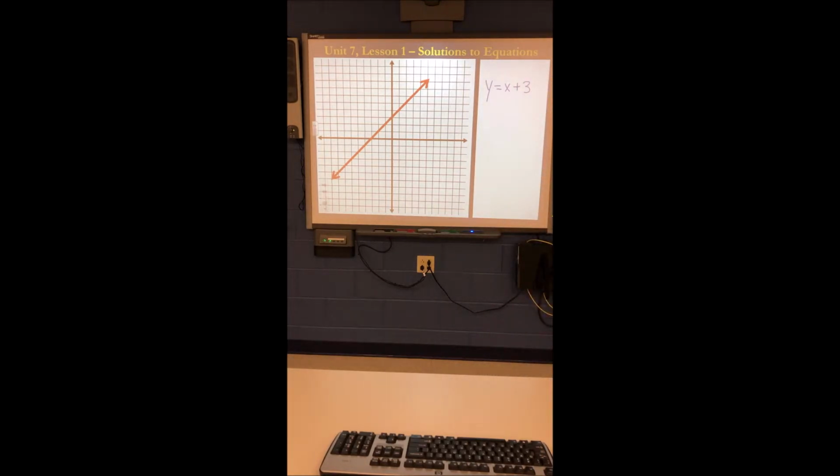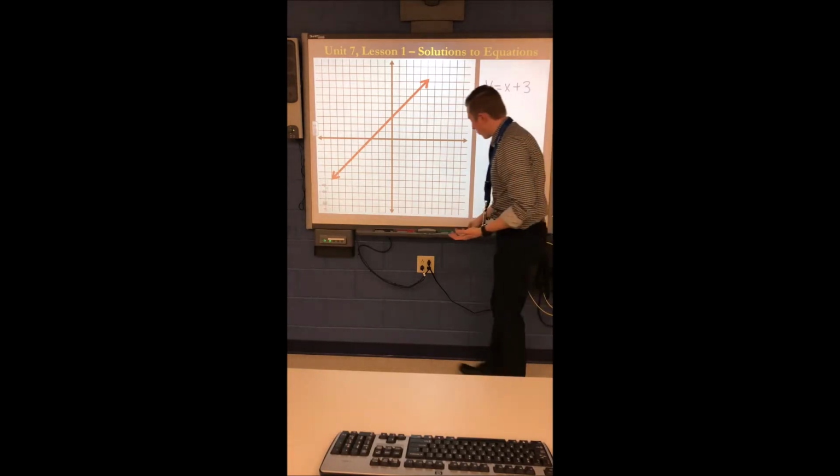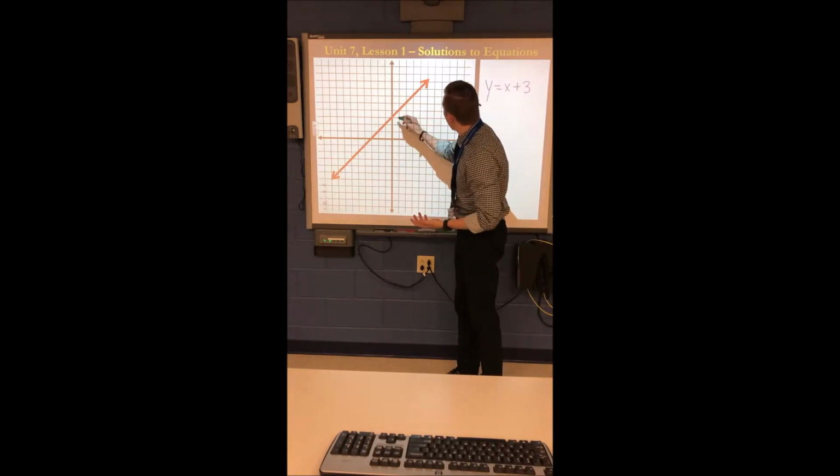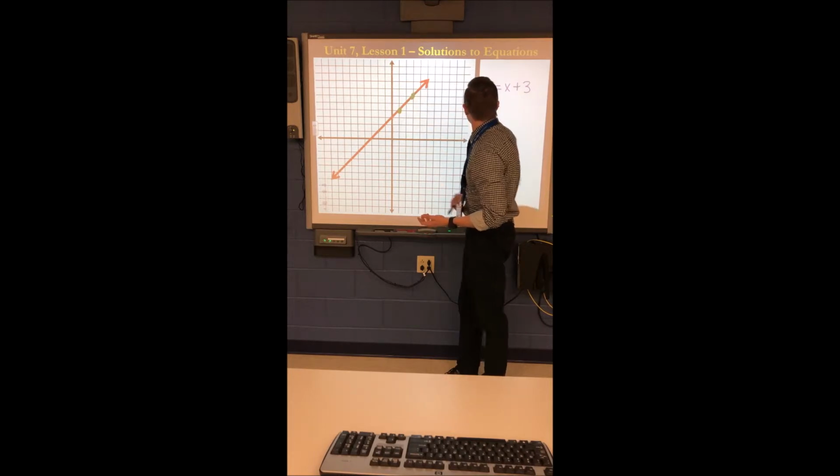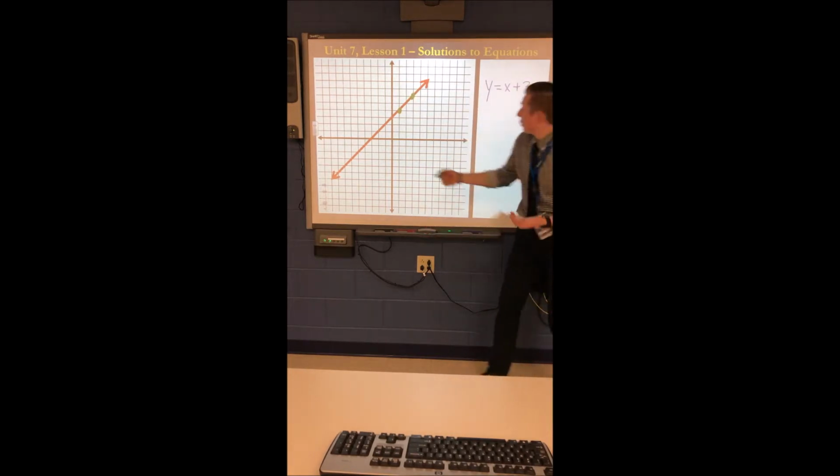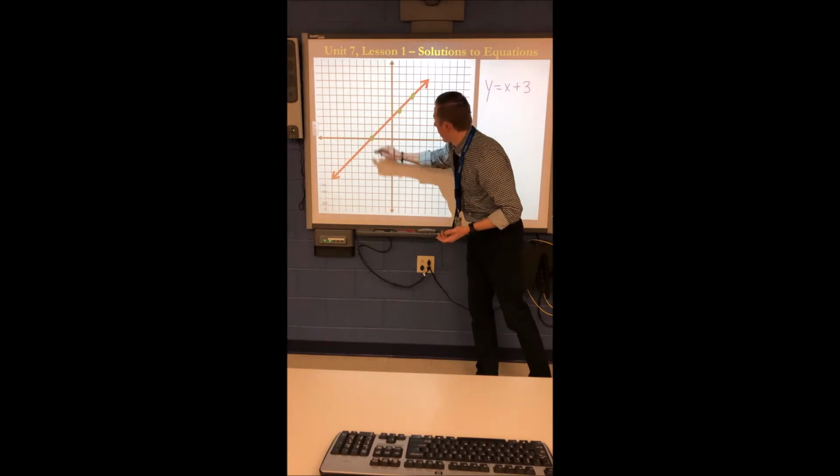Okay, so all of the solutions that satisfy this equation are found on this graph. Here's one. Here's a solution. Here's one. You know, let's just, here's one down here. That's the x-intercept.